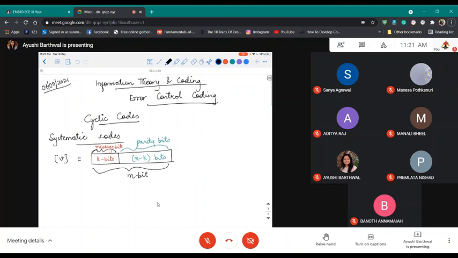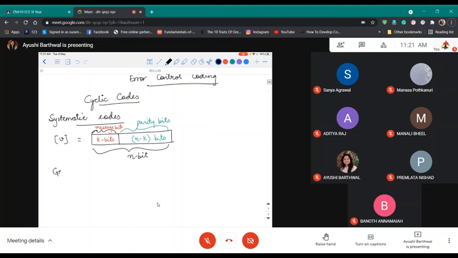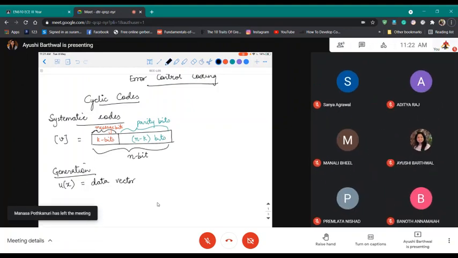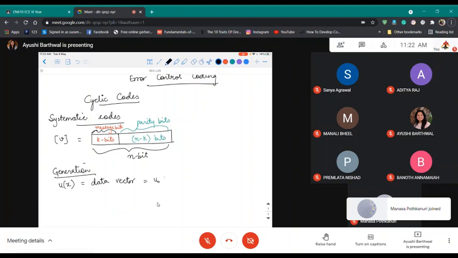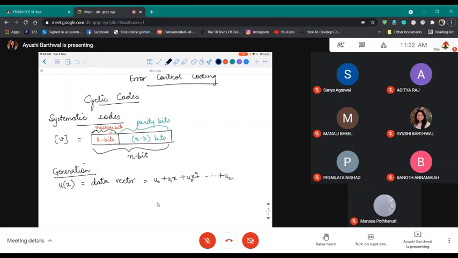To generate a cyclic code, suppose you have a data vector. u(x) is the data vector and we denote it by u0 plus u1x plus u2x squared up to u(k minus 1) x raised to the power k minus 1.